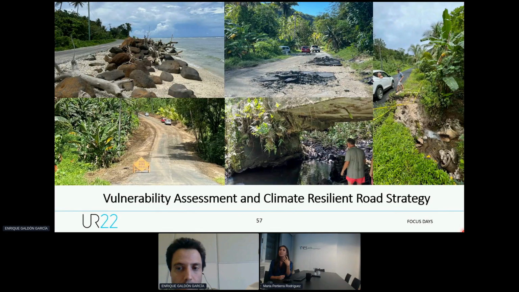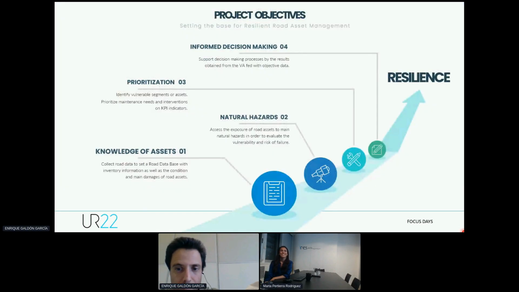So this is the kind of problems that they face in the country. They face mainly, as we were saying, problems in terms of deterioration of the network, but also of preparedness of the network and the road assets to the hazards that they are exposed to. If we can move, David, please.